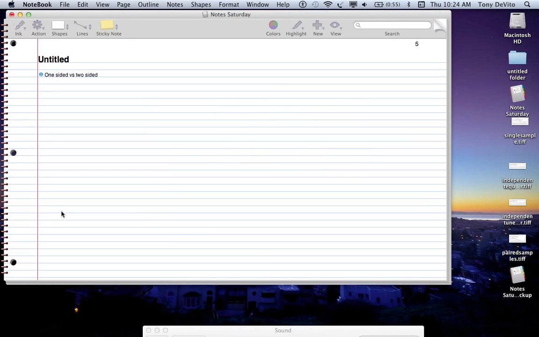Okay, one of the things that comes up quite a bit is the idea of one-sided versus two-sided. So now, let's say that I have a null hypothesis where I'm testing drug A versus drug B, versus a placebo.